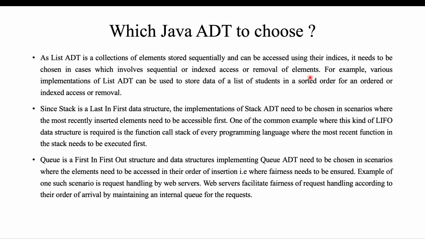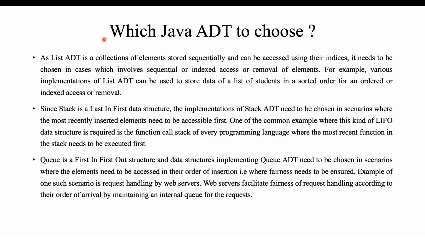For example, if we want to store a list of students in a sorted order for an ordered or indexed access or removal, we have a number of students in a class and we want to store them in a sequential manner, roll number wise. And we want to remove them also using the different roll numbers.